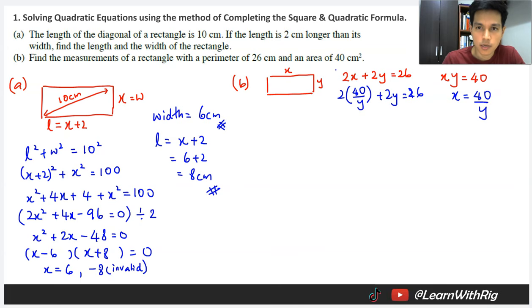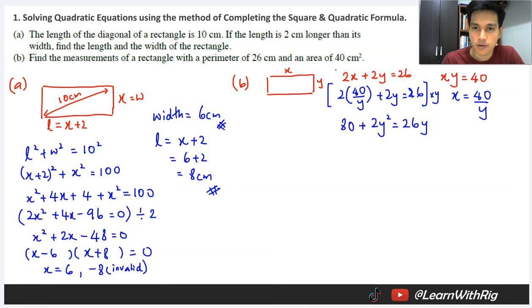So what you're going to do is, you're going to multiply this whole thing by y. Okay, so when you multiply, guess what happens to the y at the bottom? It gets cancelled out. So what you have left is 80 plus 2y square equals to 26y. Okay, so now it's a quadratic equation.